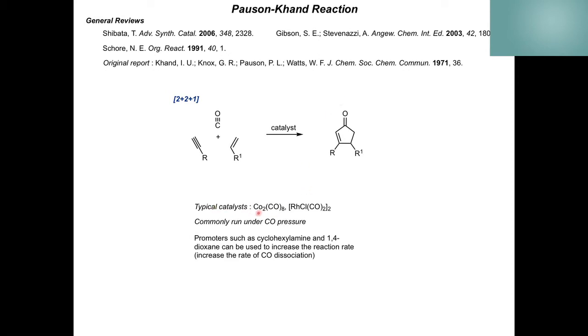Some of the typical catalysts, I would say the most common and some of the earliest, are cobalt octacarbonyl, and also there are a variety of rhodium-based catalysts that can be used here. Typically, some of the most common procedures do require the use of CO pressure, and so sometimes this is 1 atmosphere, but in many cases an excess or increased pressure of CO is required.